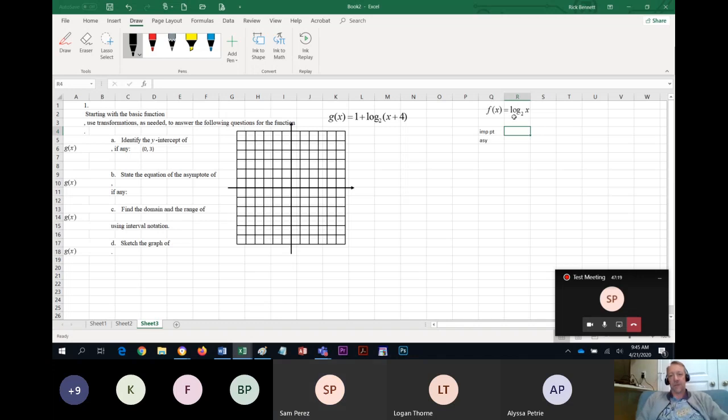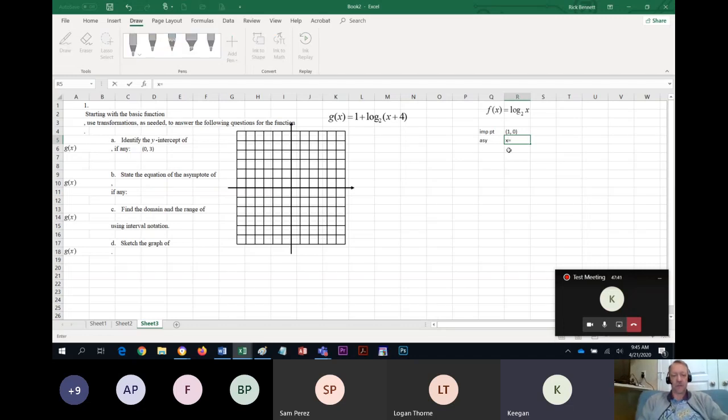No, because if x is 1, you're going to get 0. It's 1, 0. Very good. So if x is 1, y is 0. Okay. And your asymptote is going to be where? Is it x equals 0?